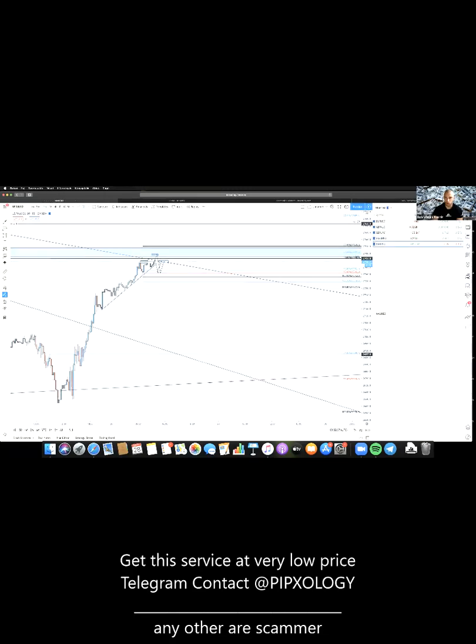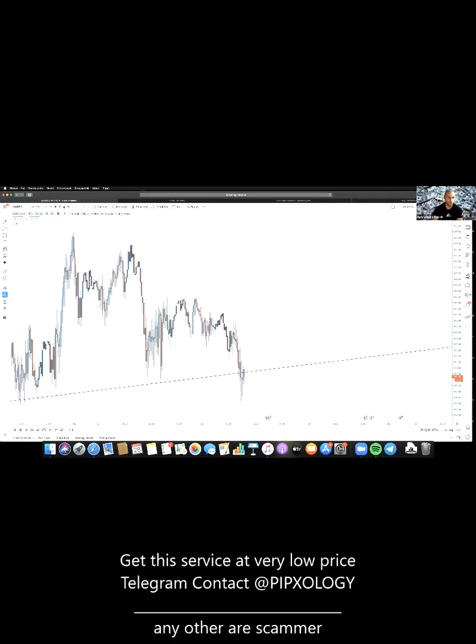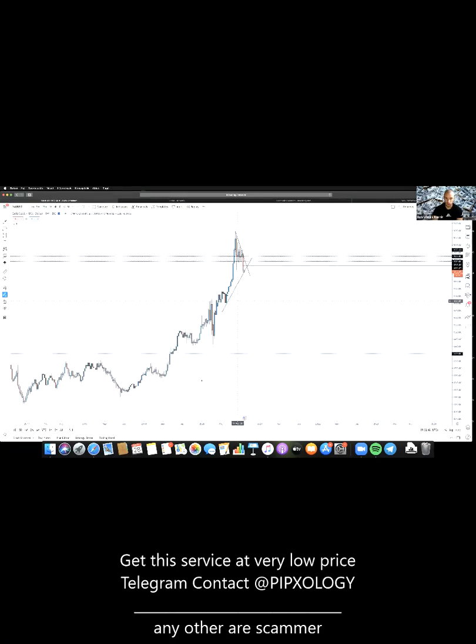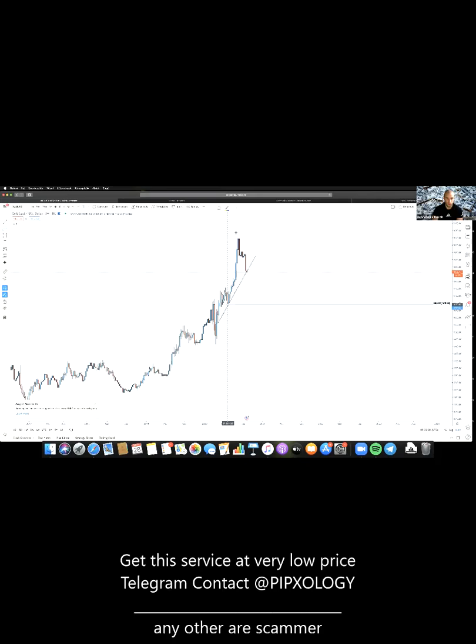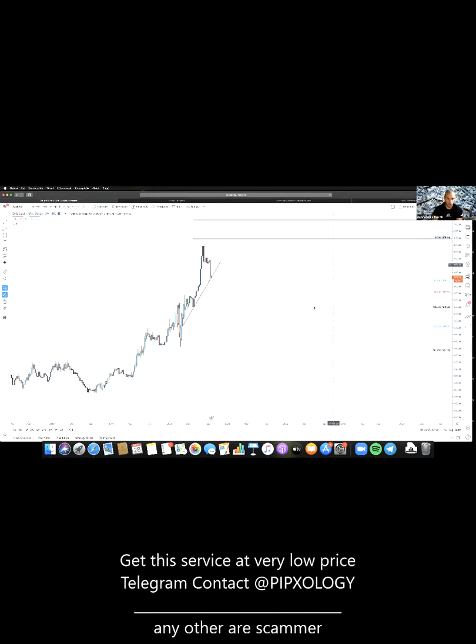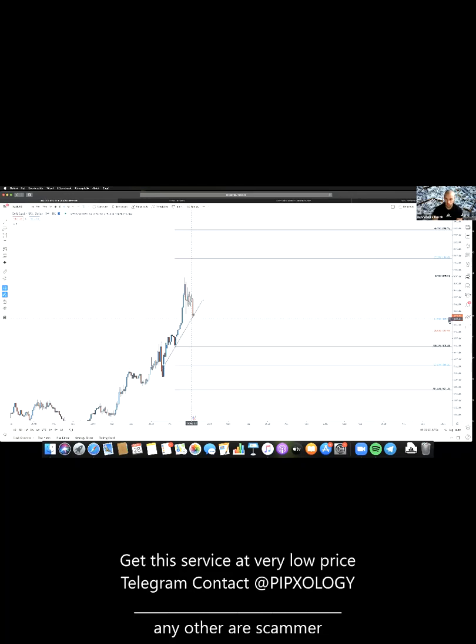Let me see gold. On the weekly, we can find the price sitting on the trend line. 61.8 is a little bit lower.